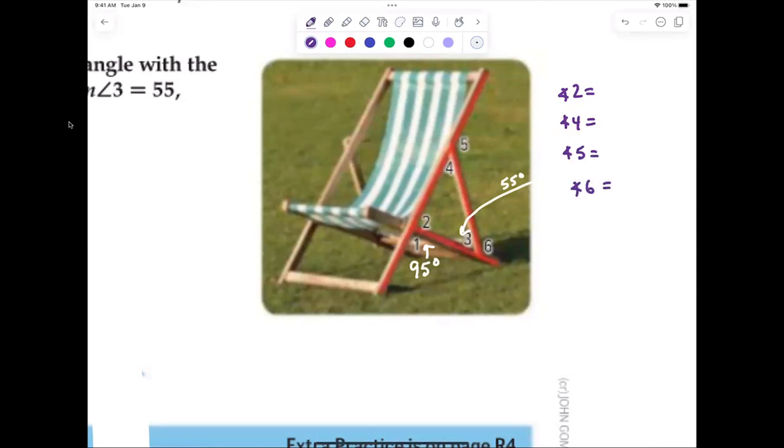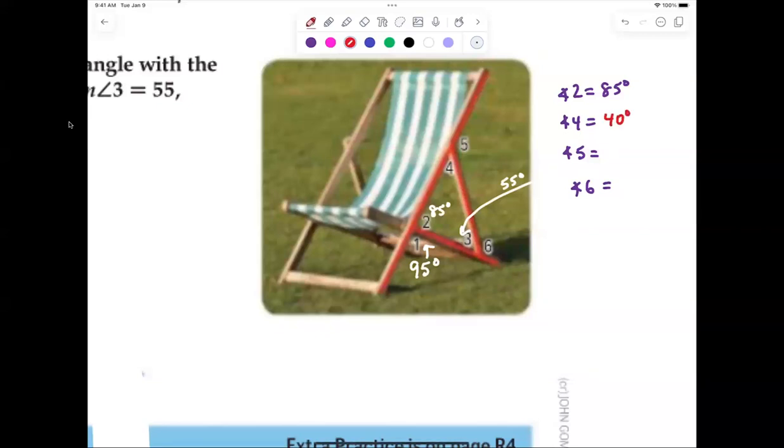All right, what's angle 2, guys? 85. Everybody happy with 85? So 85 degrees. What's angle 4? 40 degrees.